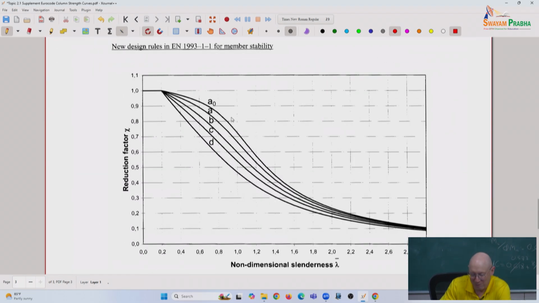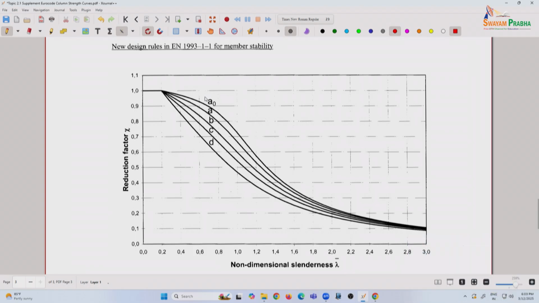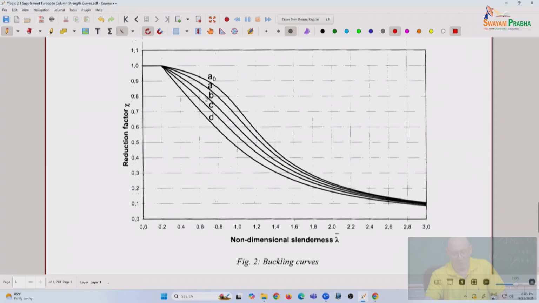And of course, as you're very familiar, I believe the Indian code doesn't have the A0 curve. Is that correct? Yeah, but it has the A, B, C, and D, if I understand it right. And that's the way we have it.